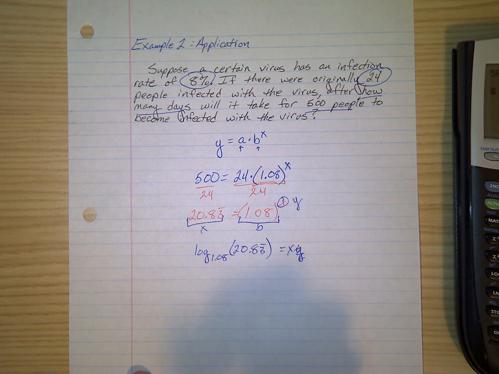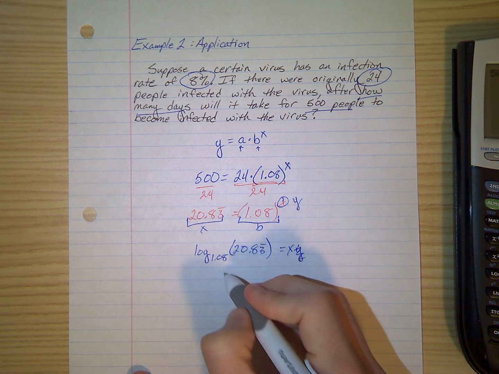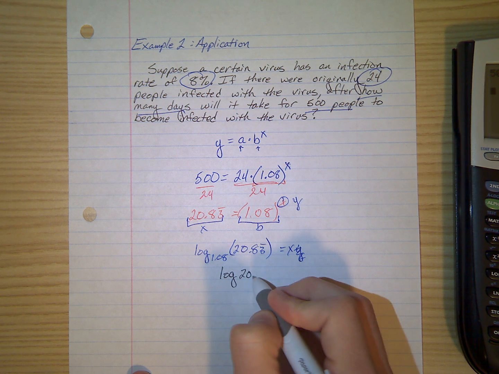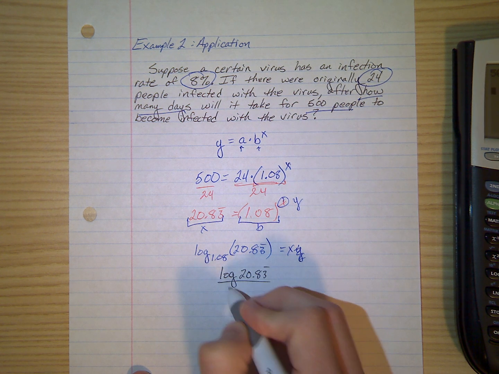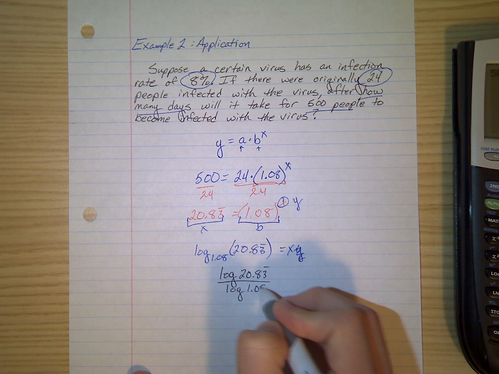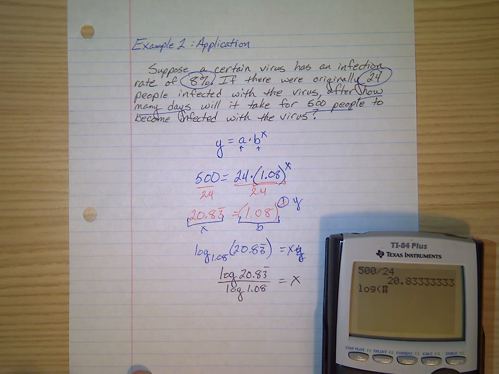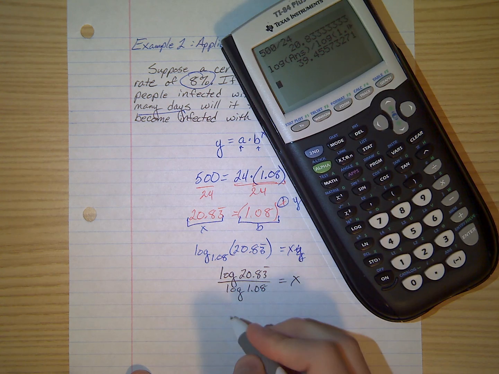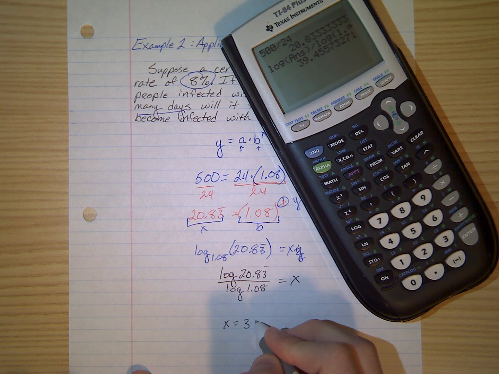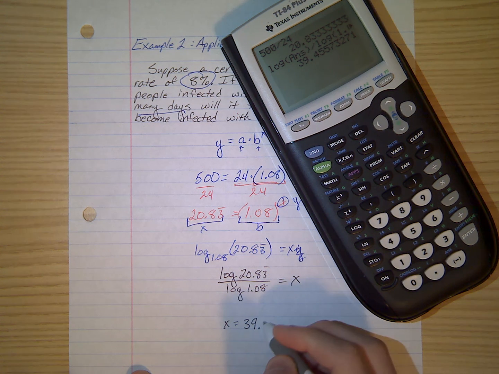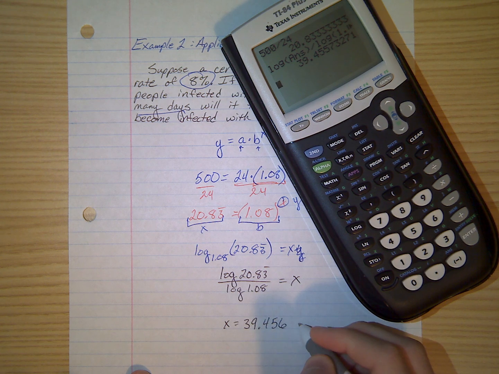So using the change of base formula, log of 20.83 repeating divided by the log of 1.08 equals that x. Just do the log of the answer divided by the log of 1.08, and you get x is equal to 39.456 days.